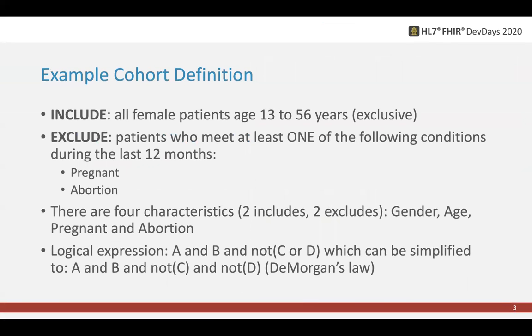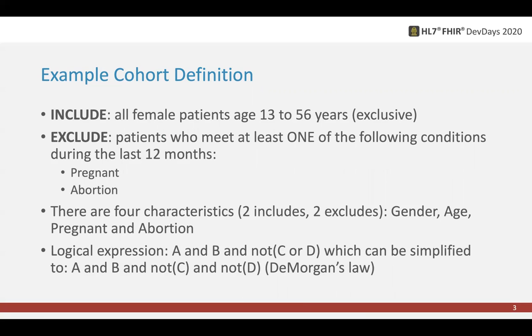So here's a simple example cohort definition. We are looking for, in our repository, all female patients, age 13 to 15, exclusive. We want to exclude patients who meet at least one of the following conditions during the last 12 months: either they were pregnant or had an abortion.